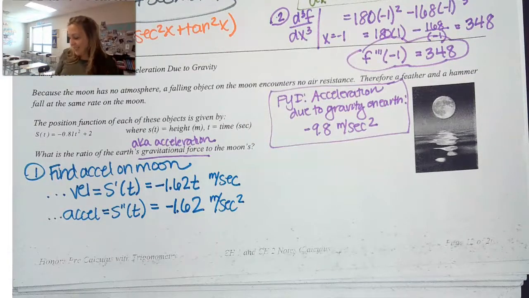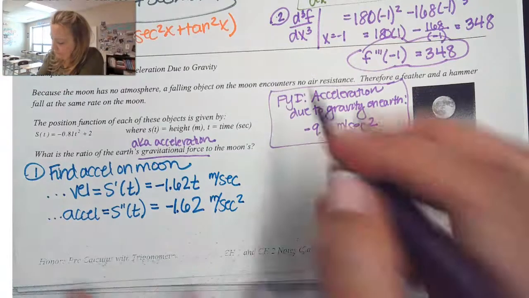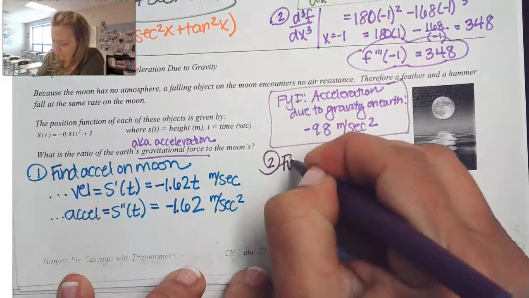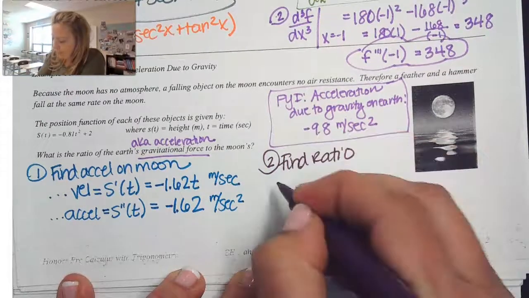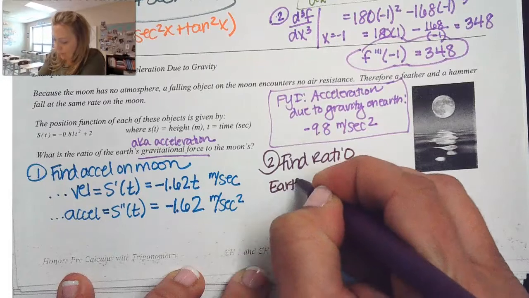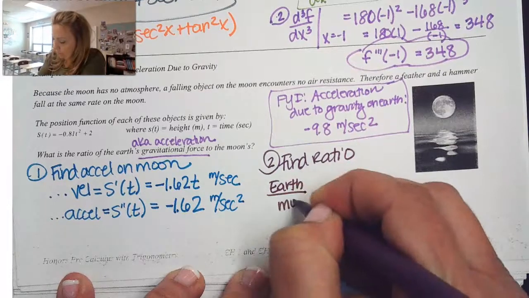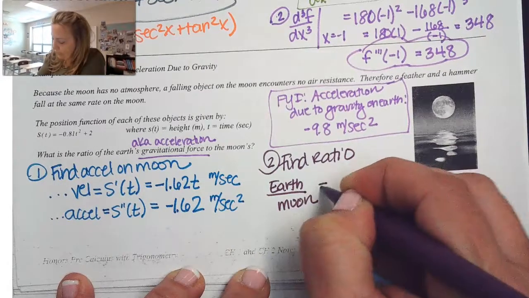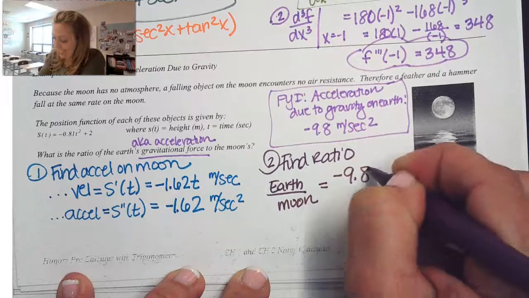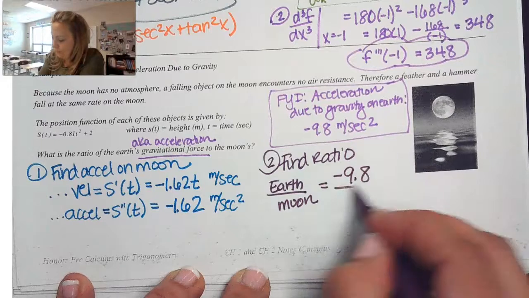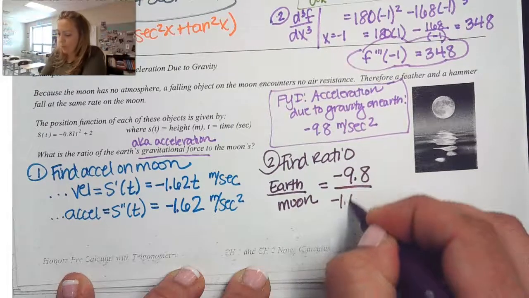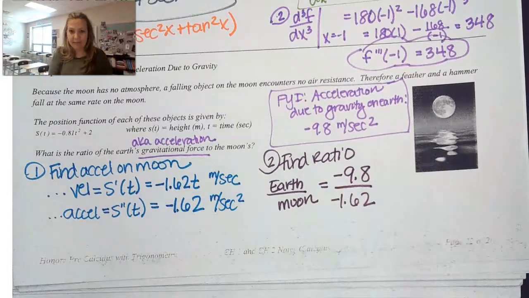So now it does ask us to find the ratio of the Earth's gravitational force to the moon's. We said that Earth's is about negative 9.8 meters per second per second, and the moon's is about negative 1.62 meters per second per second.